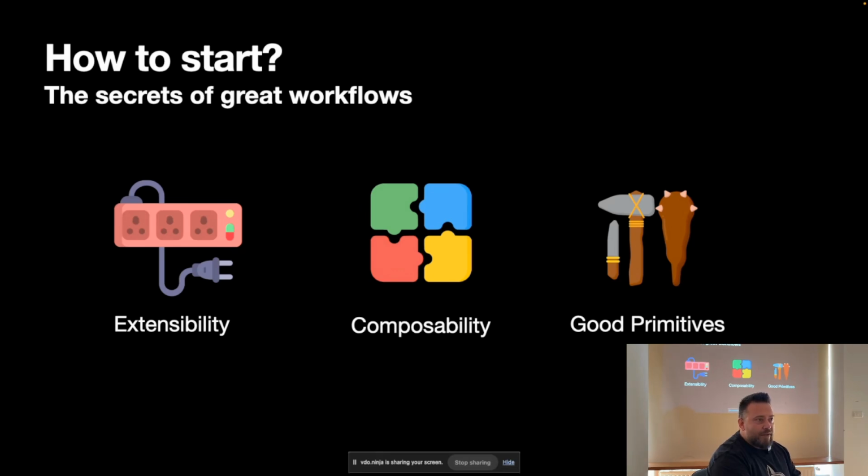A good example of a good primitive: if you used a GUI agent harness like Codex or Claude Desktop or OpenCode Desktop, whatever, and you look at the way they render diffs, you will find that it looks almost identical.